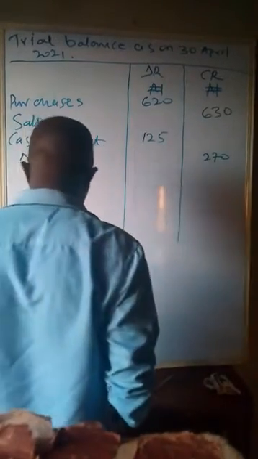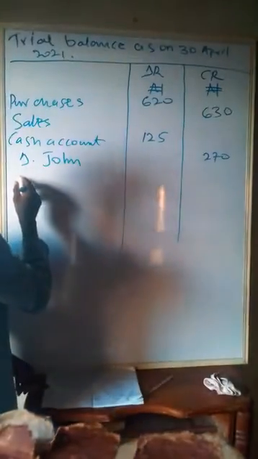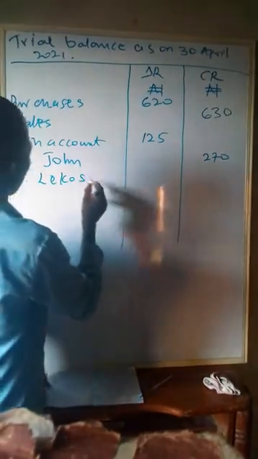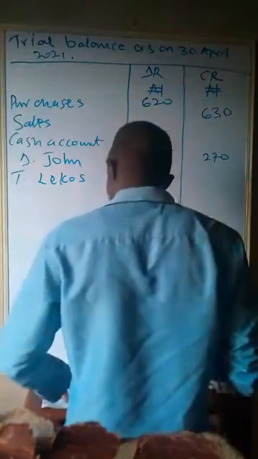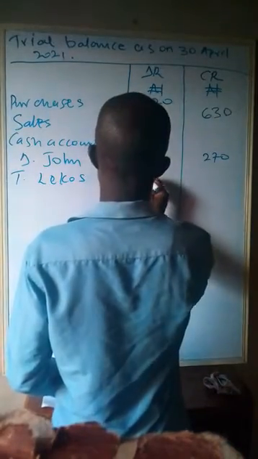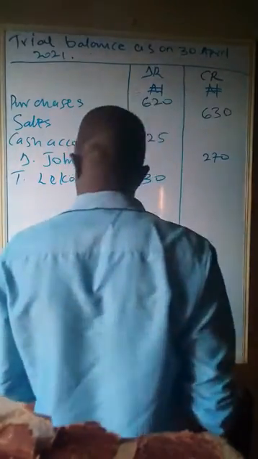I'm having T Lico's account, that is 130. T Lico is an asset account.